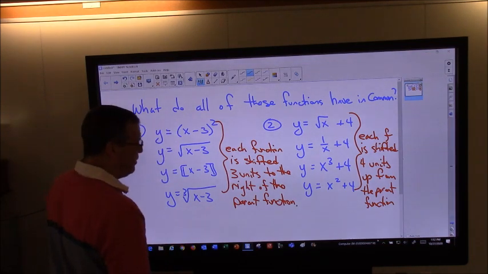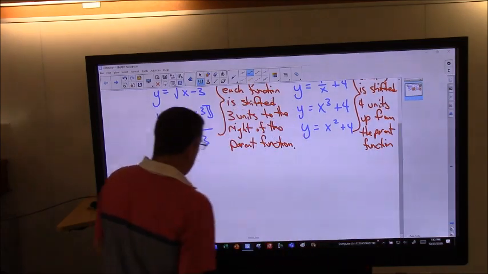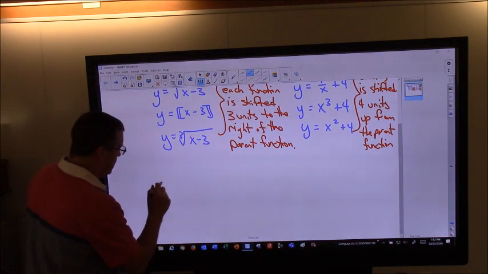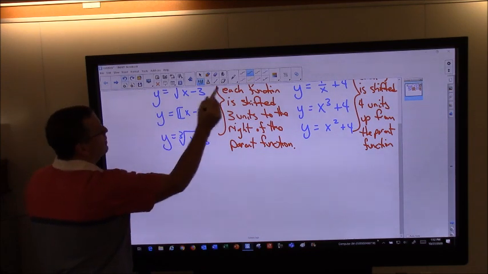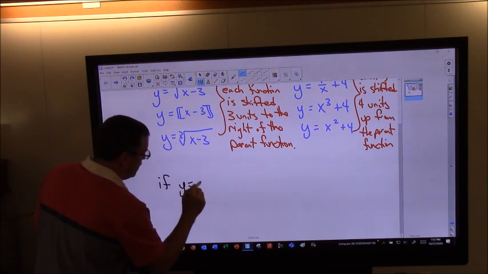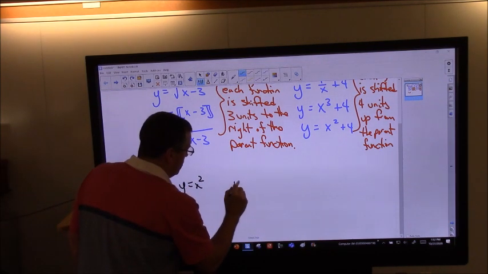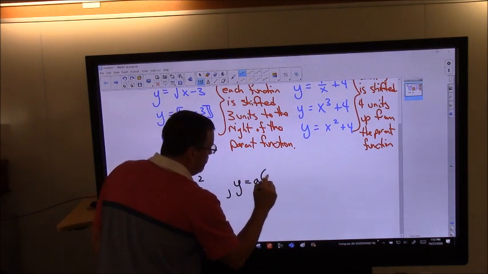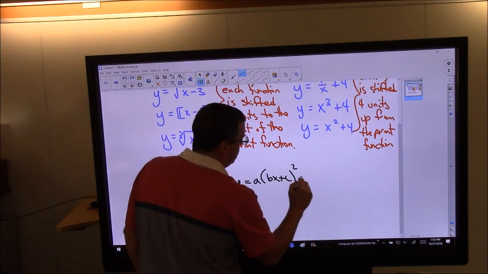All right, so the thing that we're trying to think about today is, if y equals x squared, we know that's the parent function, and y equals a times (bx plus c) squared plus a d value.